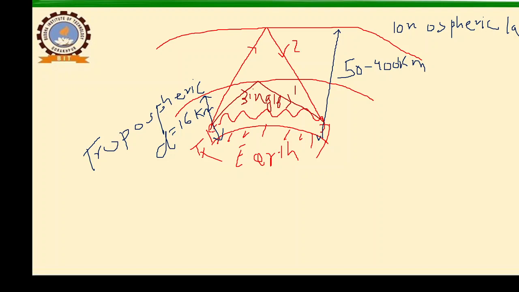Actually, the transmitter transmits signals in all directions. So it also transmits signals at a shorter angle like this, and it falls on the surface of the earth, is reflected back, and again strikes the tropospheric layer, where some reflection takes place, and then reaches the receiver end.